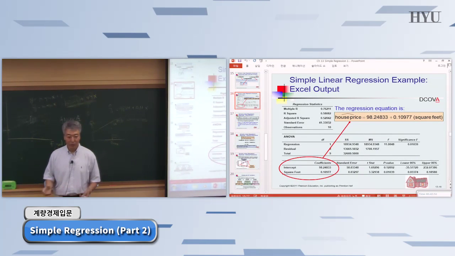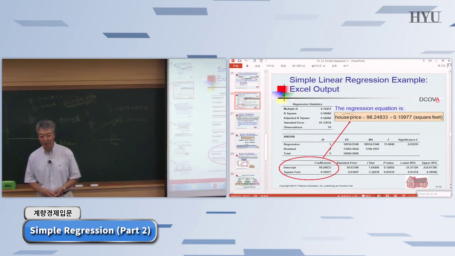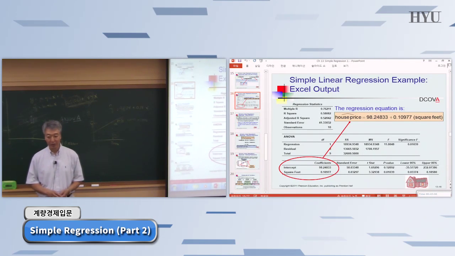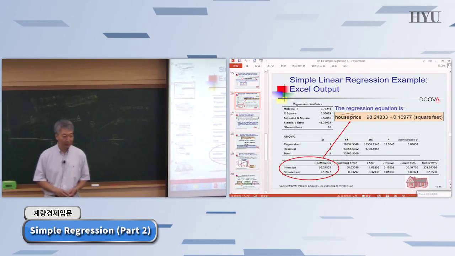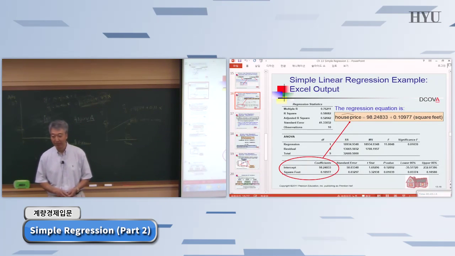That's what she told me, and that's a well-known fact in the real estate market. So according to that, the size is not really important, but location is the most important determinant of the house price, which is true. It's the same in Korea. You have heard of the Gangnam district, right?